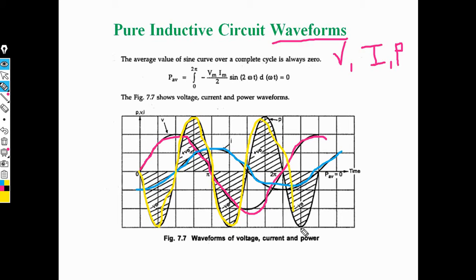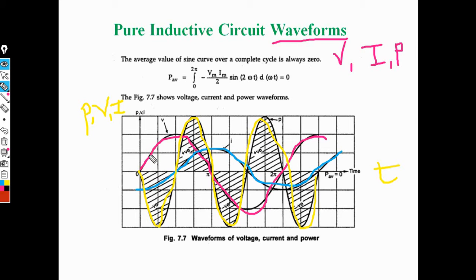Here we have considered time on the X-axis, and the Y-axis indicates power, voltage, and current. Now we have to understand the concept of the pure inductive circuit in the waveform. Here the voltage waveform is there.